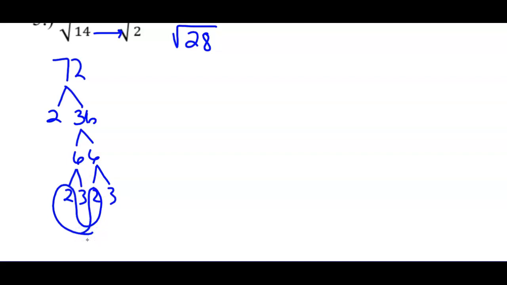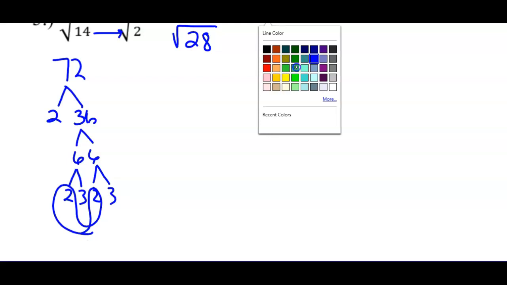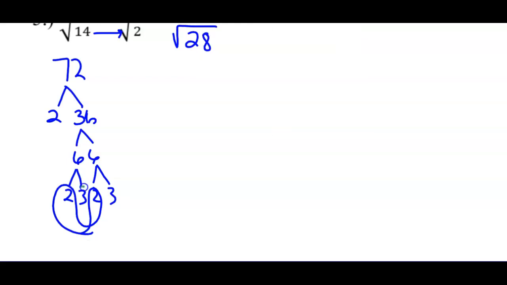And then we also have a pair of 3s. See the 3s? Okay. And then this 2 is all by itself. So we've got 2 times 3 times the square root of 2. That is equal to 72. So 6 times the square root of 2. Okay? Woo! 6 times the square root of 2. Okay, so that will go on top.